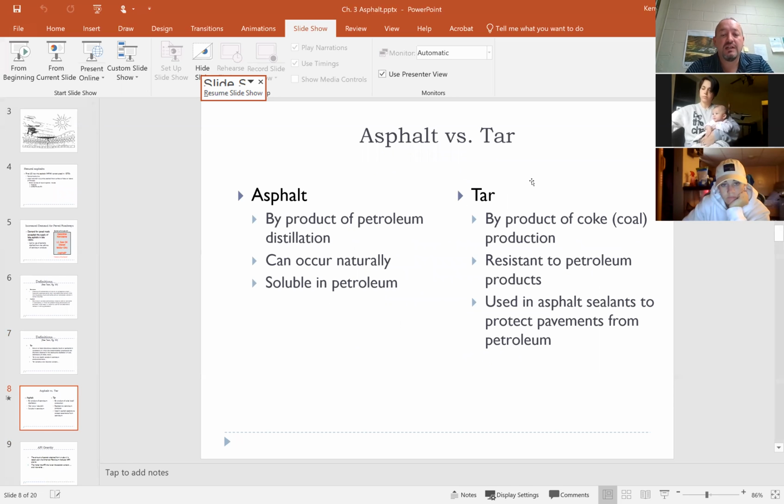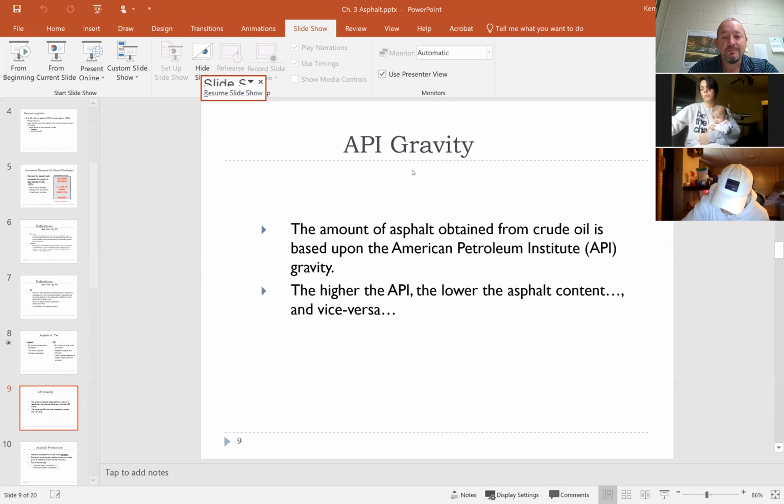All right, so here's asphalt versus tar. This is probably a good slide to mark if you have the notes, showing the difference between those two, and both can be useful products, but asphalt is far more useful than tar, once again, in a wide range of things that we use.